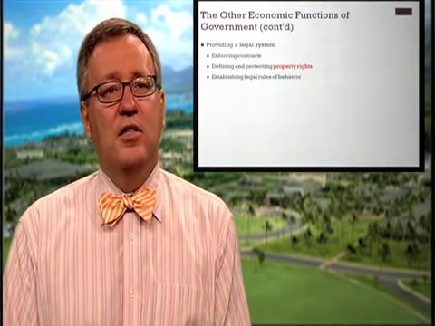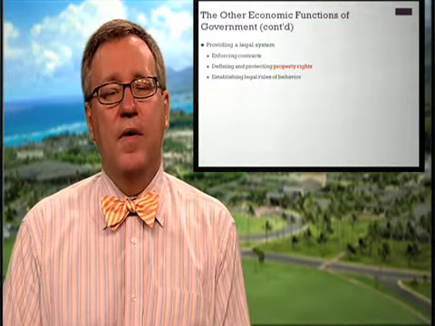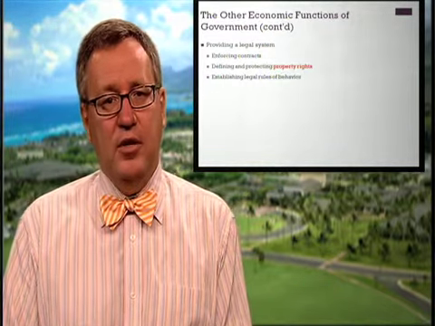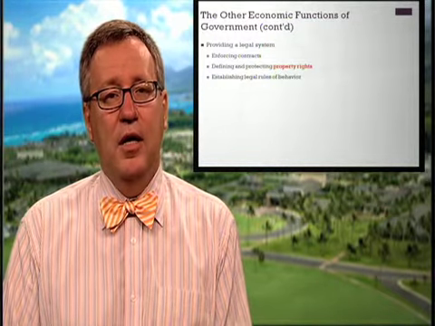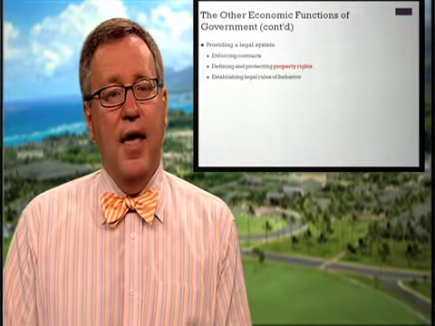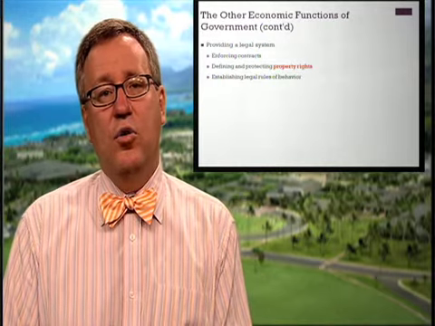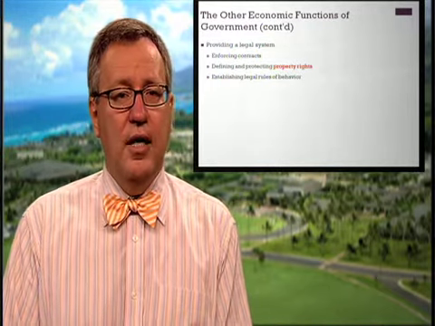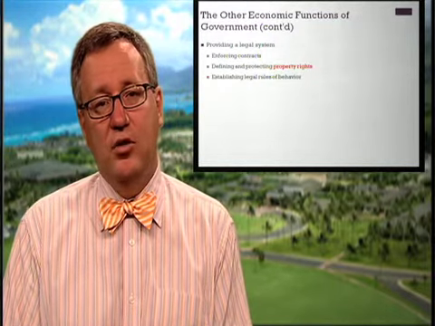The second part of this is to define and protect property rights. Property rights are fairly easy to understand if you have a piece of property. Say you have a 10-acre piece of property and you're growing corn on that property. Your rights are to use that property as you see fit. And if somebody were to encroach on your property and start to harvest your corn and take it for themselves, you can actually take them to court and say, look, this is my property, I have rights to it, you can't infringe upon those rights.